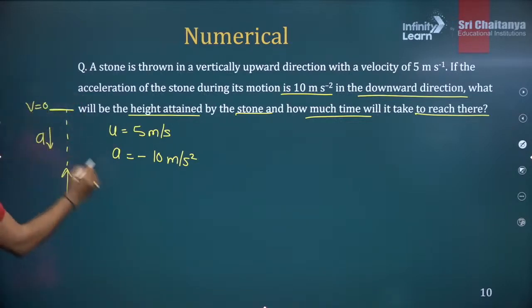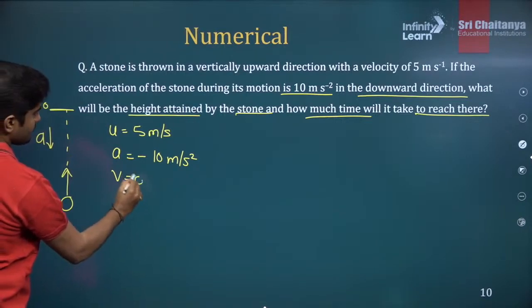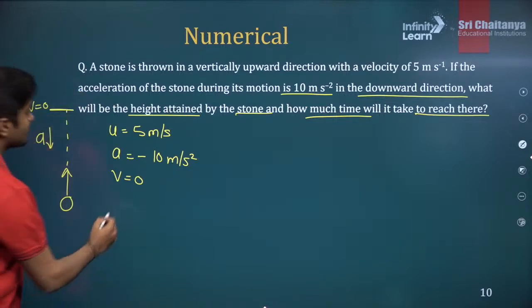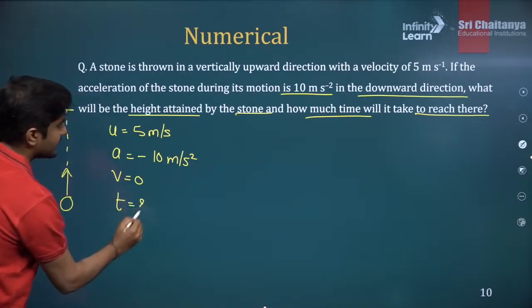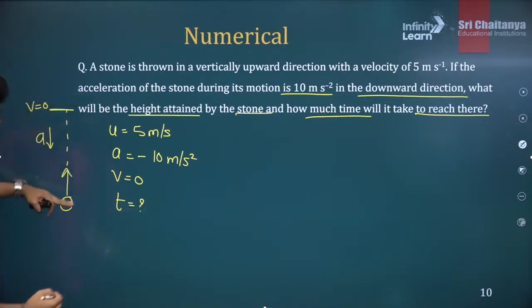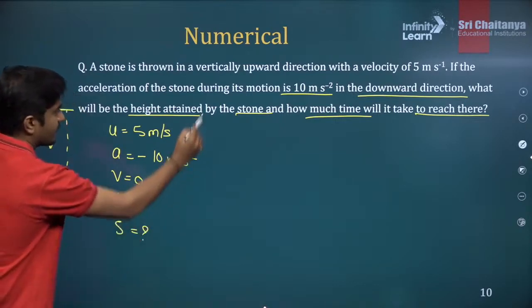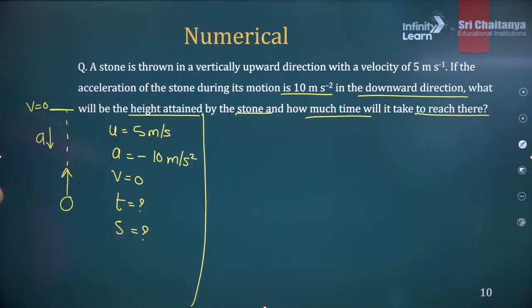So the final velocity will be 0. It will go to the maximum height and stop, then it will come down again. So in the upward motion, we want to find out the time and the height, that is this distance. How will you find it? Solve.